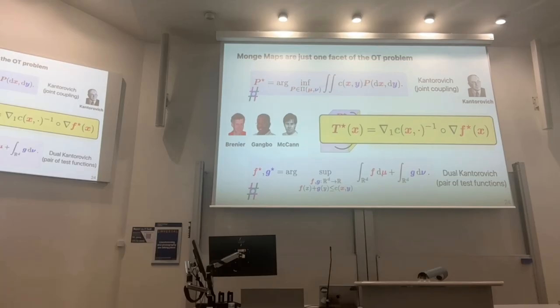You're trying to find where the mass of x goes. You are going to simply take the cost function from x to any point, compute the gradient with respect to x, and see it as a map that associates a vector to another vector, and invert it. This is called the twist condition. And you apply this inverse to a vector, and you get the map.